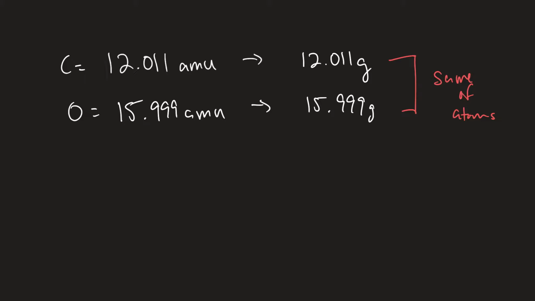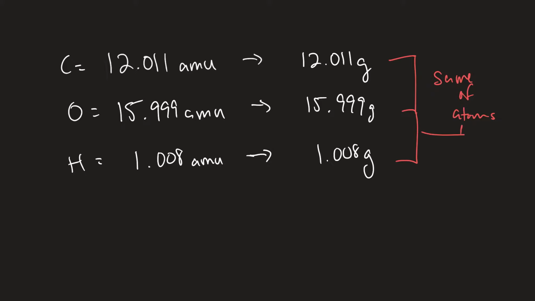Same thing with hydrogen. Hydrogen's atomic weight is 1.008 AMU, and if you were to have 1.008 grams, real grams, you will also have the same number of atoms between the three.